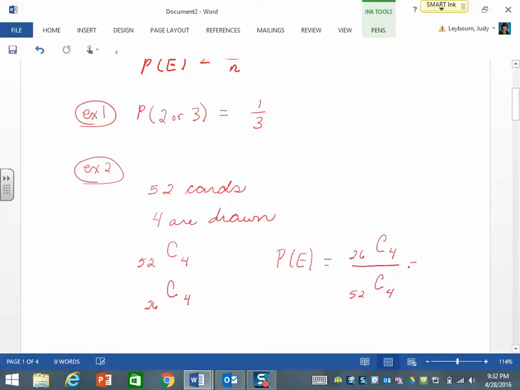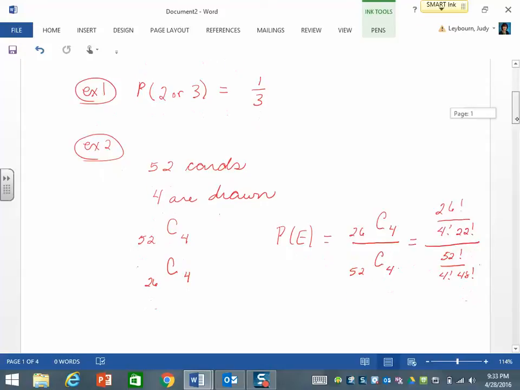And the numerator would be 26 factorial over 4 factorial times 22 factorial. And this is divided by 52 factorial over 4 factorial times 48 factorial.